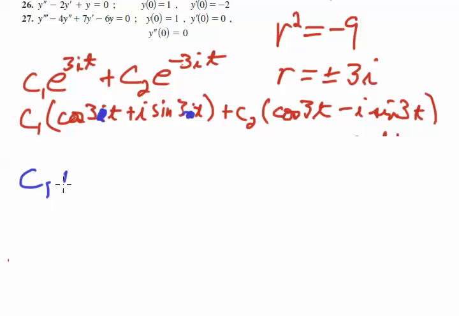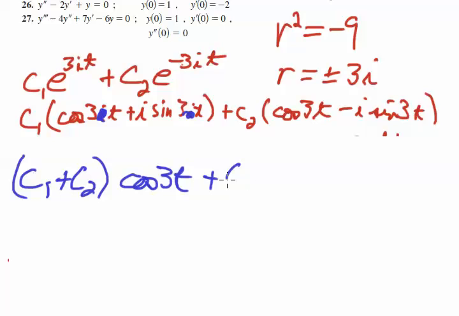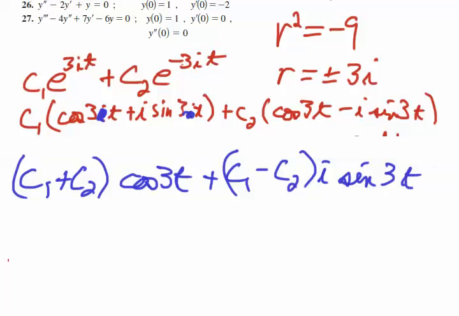It is c1 plus c2 times cosine 3t plus c1 minus c2 times i sine 3t.